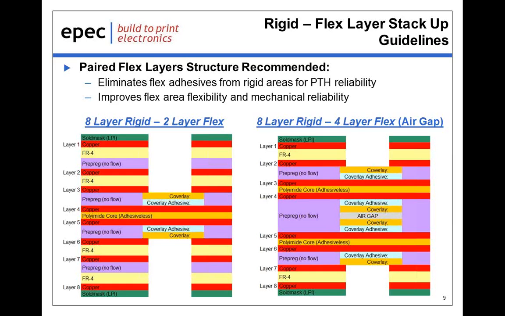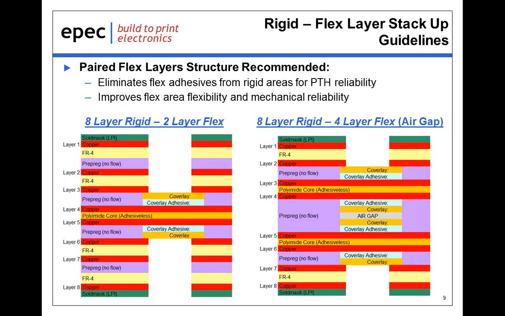But as you can see in that example, the 4 layers are configured into 2 pairs of 2, which are not laminated together. This allows the design to adhere to IPC standards. Again, it improves the flex area flexibility and mechanical reliability, and is definitely the preferred structure.